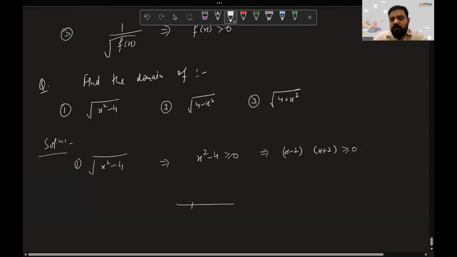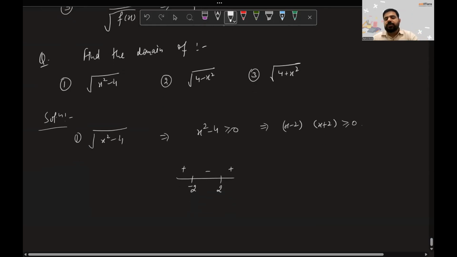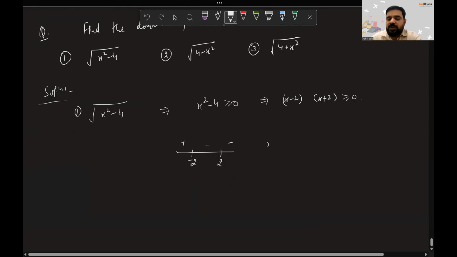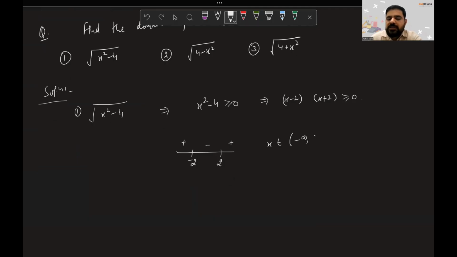Yes, we'll be plotting the roots on the number line like this, and we'll be marking alternate plus minus plus. We need it greater than or equal to 0. This means that x has to belong to minus infinity to minus 2 closed bracket, union 2 closed bracket to infinity.